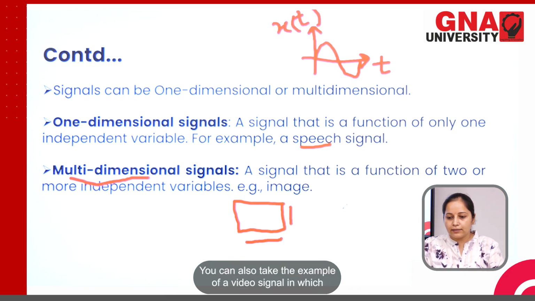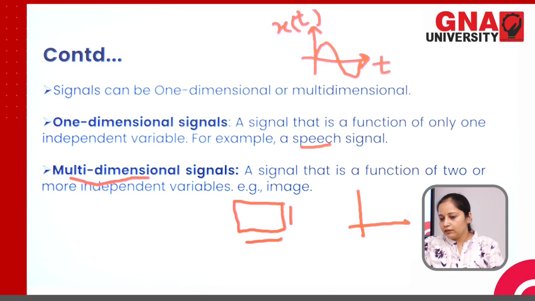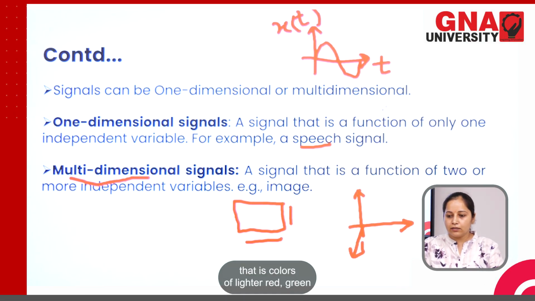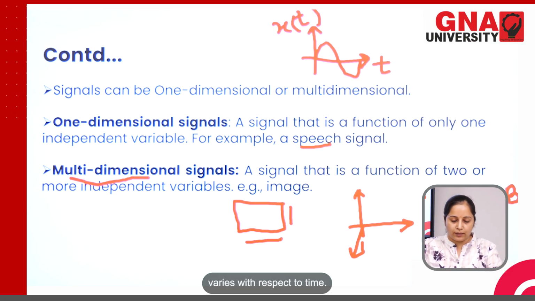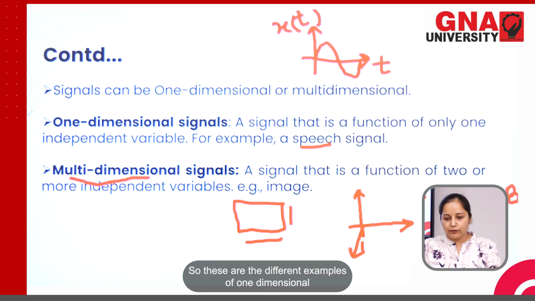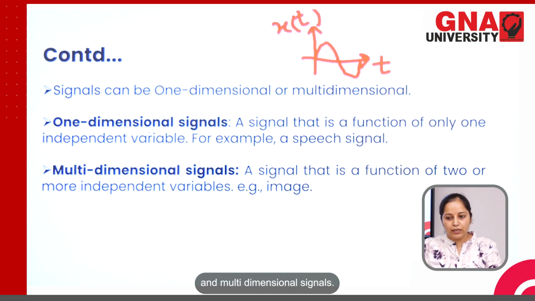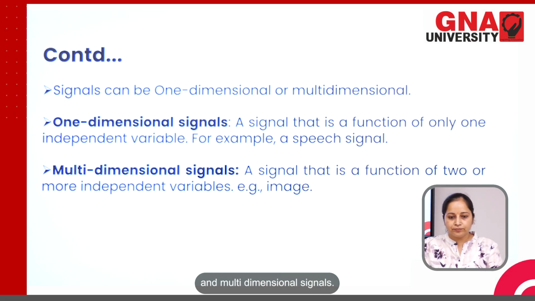You can also take the example of a video signal, in which there are three components, that is the colors of light, red, green and blue, that vary with respect to time. So these are the different examples of one-dimensional and multi-dimensional signals.